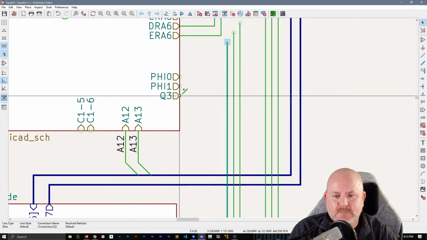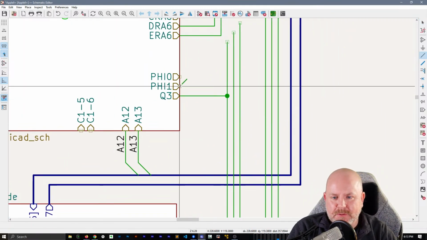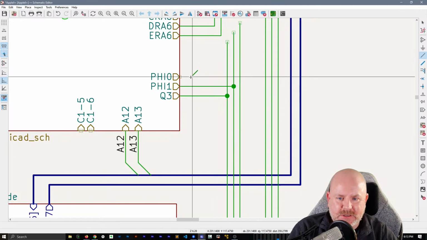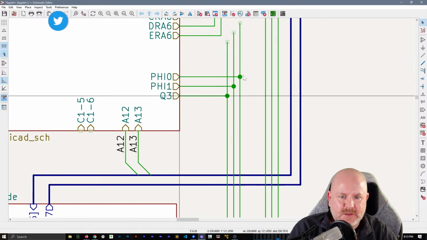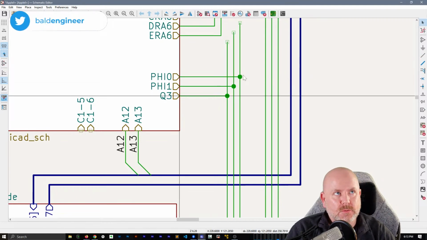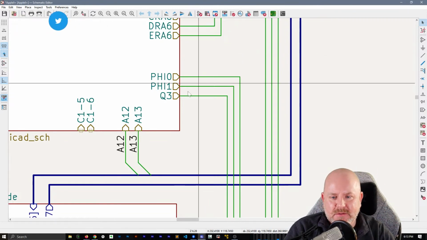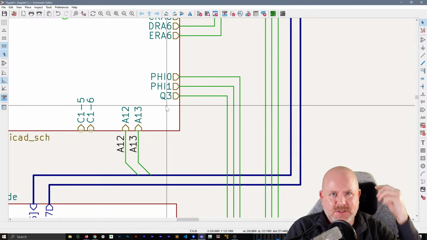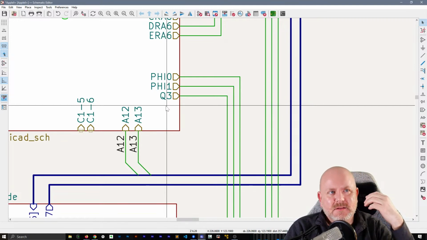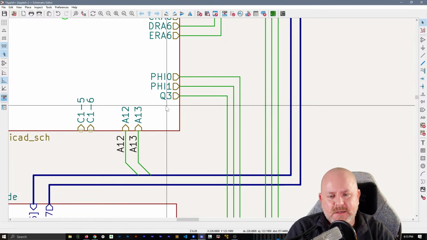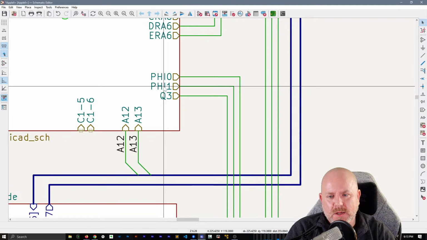And remember, Q3 in the Apple II is actually a 2 megahertz clock. So phase 0 is 1.012 megahertz, I think. I really hope that's what the frequency is because I keep telling people that. And then Q3 is twice that, which is effectively the clock that the RAM is clocked at. And phase 0 is the 1 megahertz clock that basically runs the 6502.